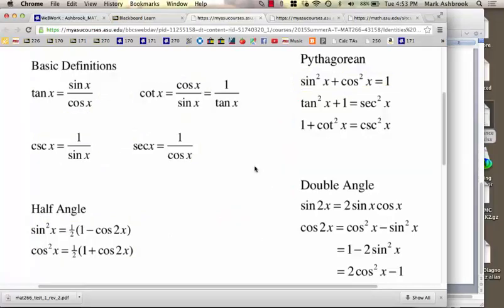Okay, so let's go on to the next section, which is called partial fractions. So using partial fractions to simplify or solve antiderivatives.